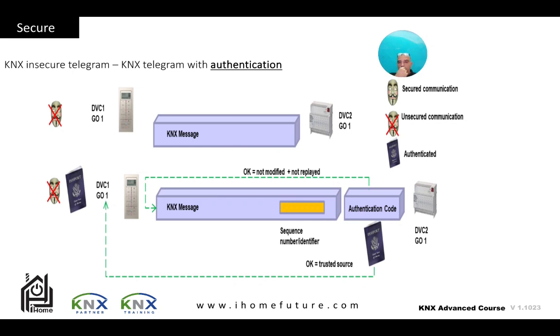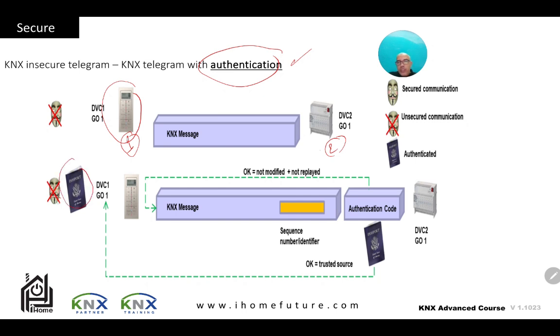The concept KNX Association is trying to introduce here is about authentication. It's the concept to make sure that the data sent from one device to the other device is authenticated, meaning sure that it is coming from this device, and that it's not manipulated somehow. They are trying to make it look like you have a passport.